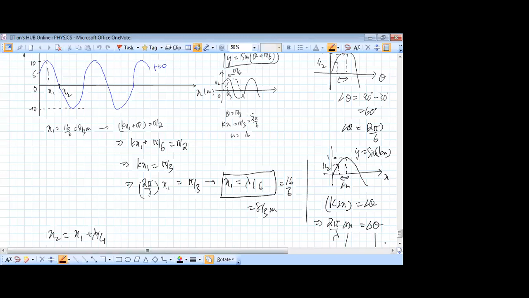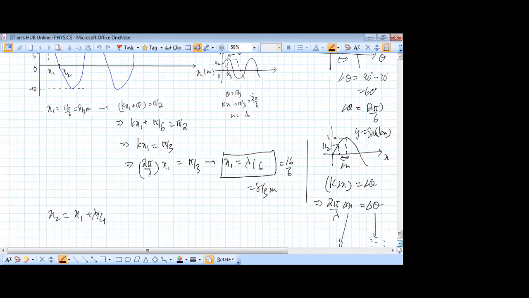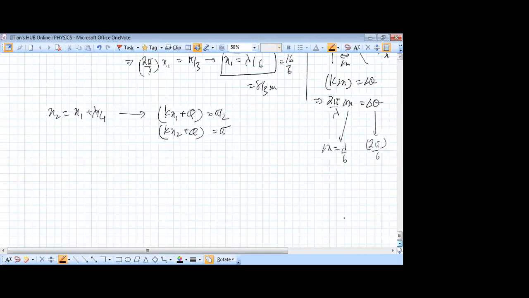So you can see that why this is the case is because kx1 plus phi, the phase at that point, was how much? Pi by 2, whereas kx2 plus phi is how much? Pi. So the phase difference between these 2 points, just subtract these 2 equations. So k into x2 minus x1, that is the phase difference, is how much?